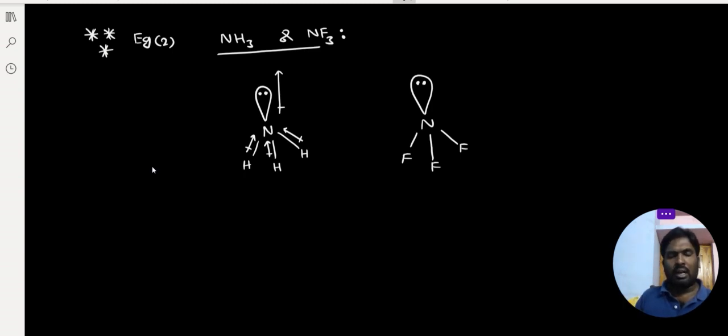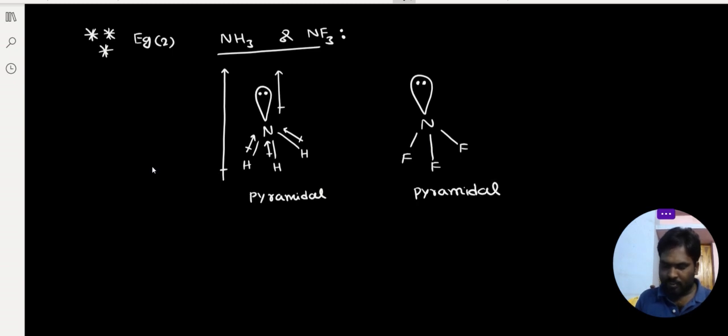Now in ammonia, all bond polarities are working in the same direction, one direction. That's why the resulting dipole moment is greater. In ammonia, all dipoles' polarity is working in the same direction. That's why mu not equal to 0, but greater dipole moment.